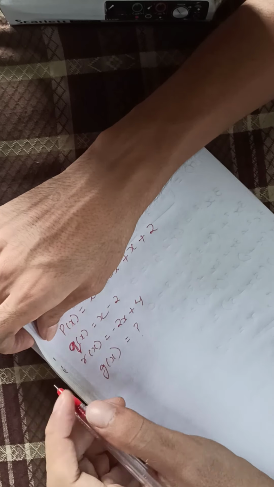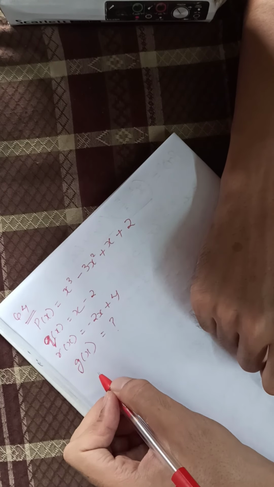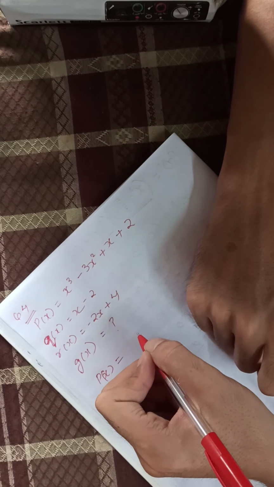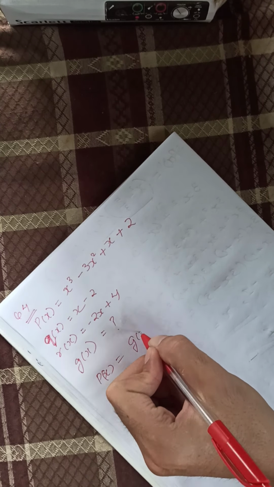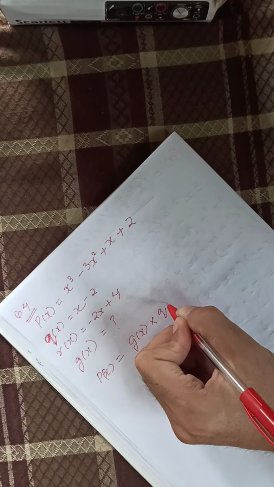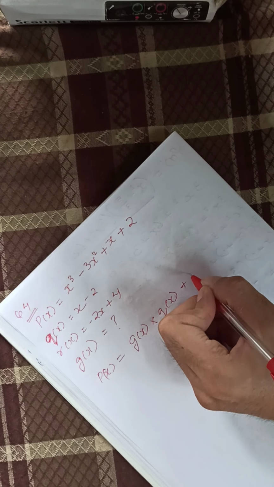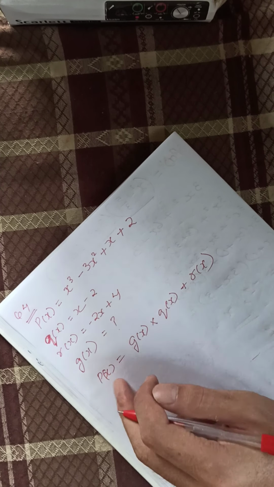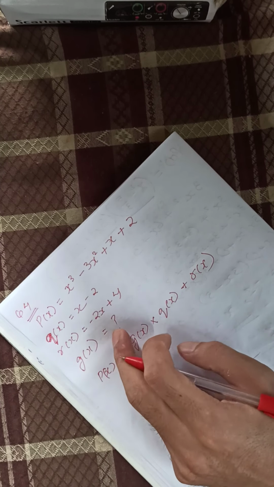So there is a formula which is P(x) is equal to g(x) into q(x) plus r(x). Divisor into quotient plus remainder. So by applying this formula, we can find g(x).